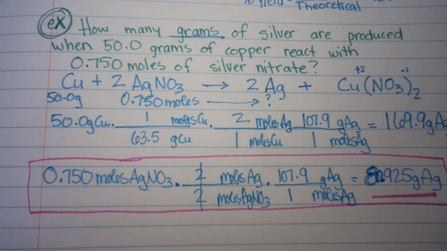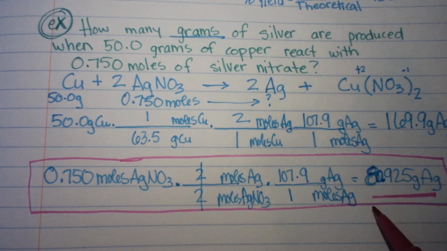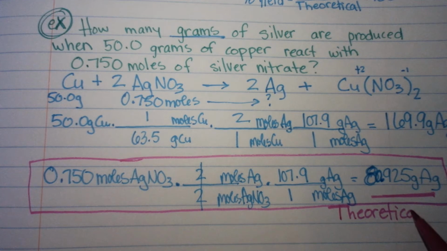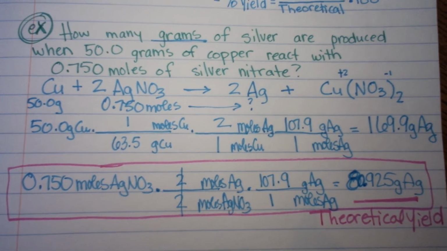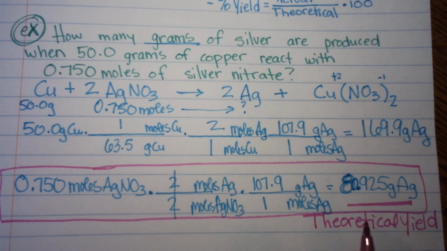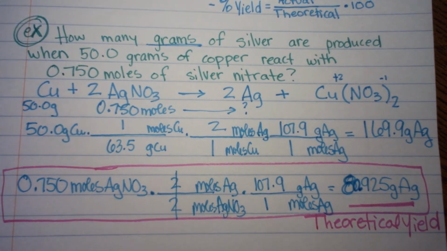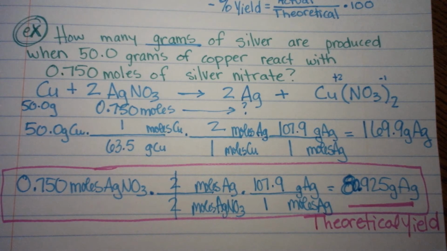That right there is theoretical yield. Okay, so that is theoretical yield. How much you think you can get from your calculations. Okay, so we really just put a label on it.